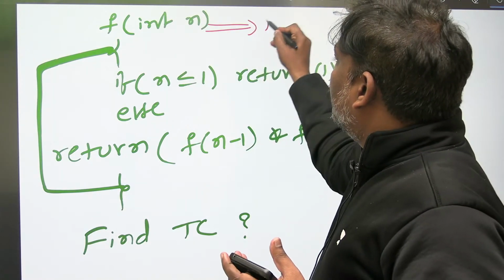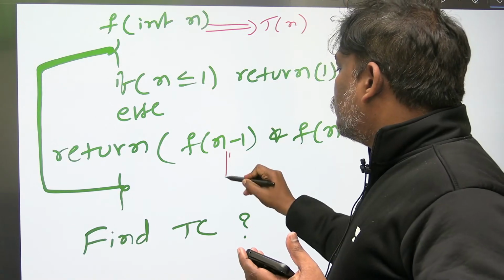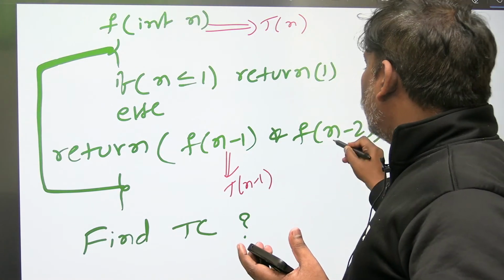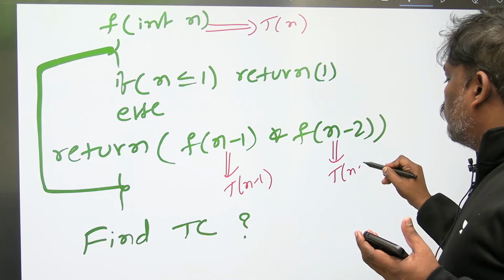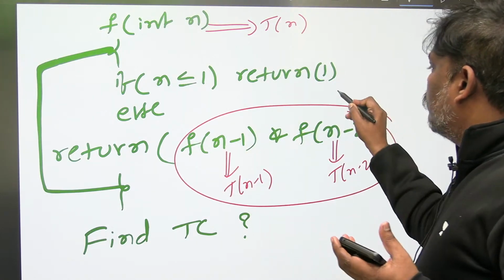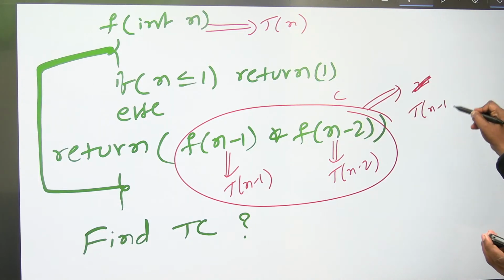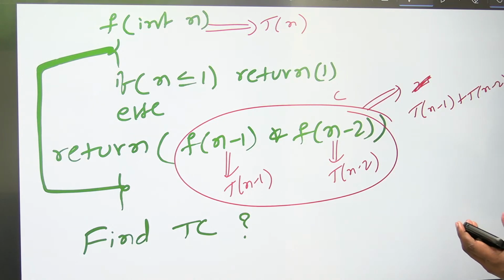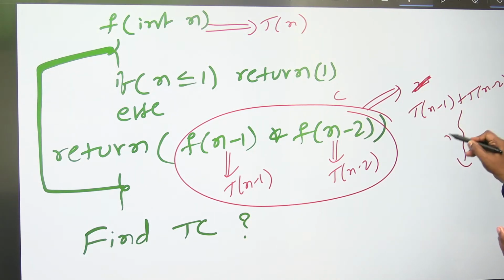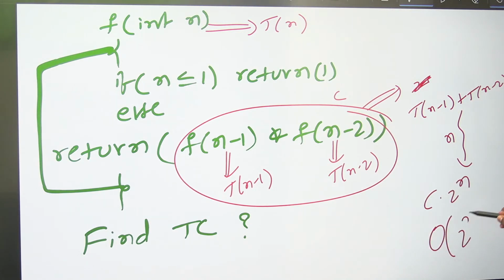This is T(n), this is T(n minus 1), this is T(n minus 2). Remaining work is constant, so overall T(n minus 1) plus T(n minus 2) plus C. If you do it n times, it becomes a GP series, C into 2 power n, order of 2 power n. The upper bound is 2 power n.